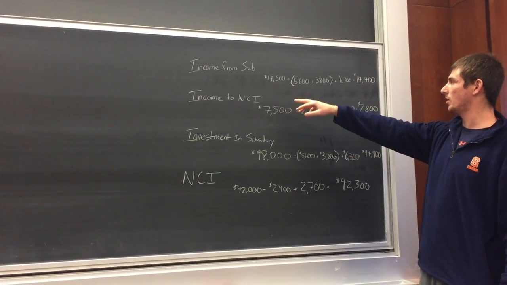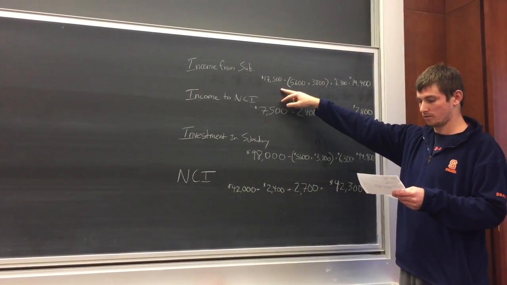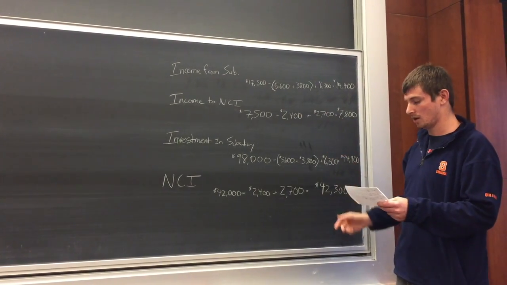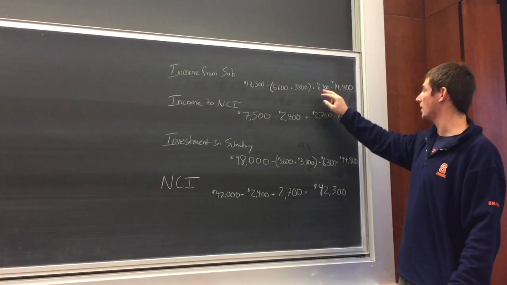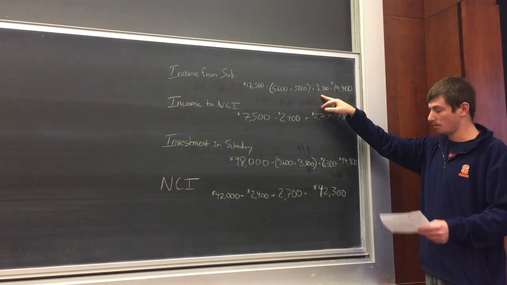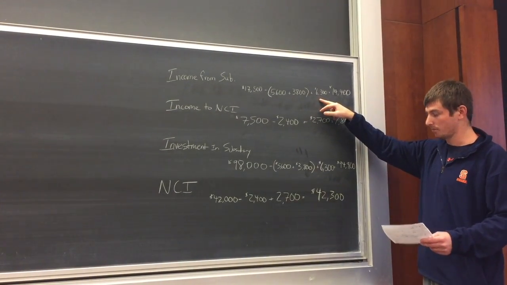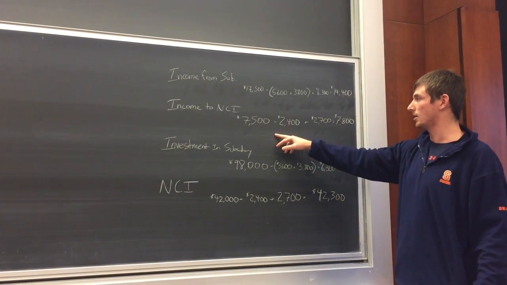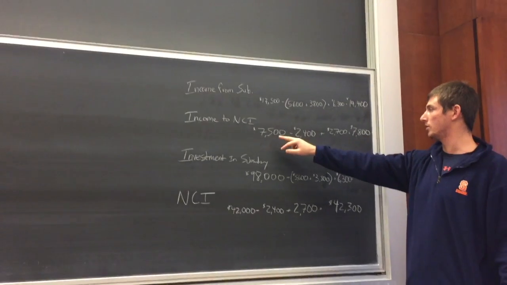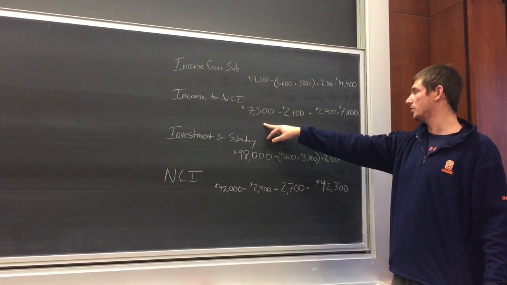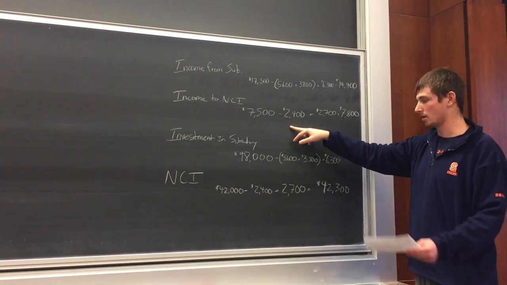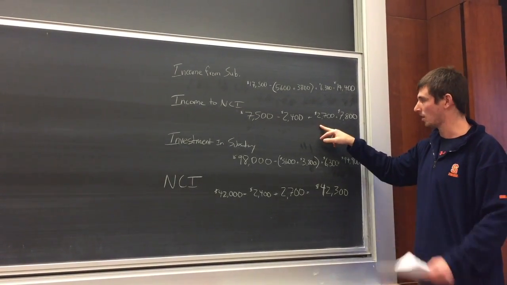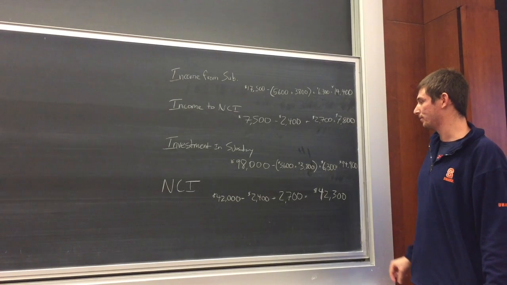The income from subsidiary was the percentage of subsidiary net income minus their percentage of the unrealized profit, and then we added back the realized gross profit deferral because we're recognizing it at this point. We did the same thing with the income to NCI, where we had 7,500 minus their unrealized profit, and then added back the realized gross profit deferral.